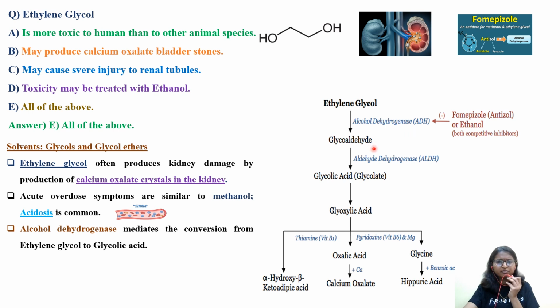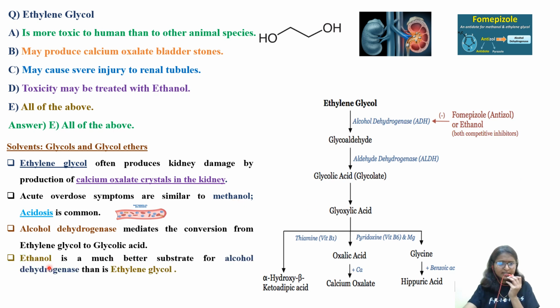Further, this aldehyde is metabolized by the enzyme aldehyde dehydrogenase to glycolic acid, also known as glycolate. This glycolic acid is further metabolized to glyoxylic acid and then to oxalic acid, which reacts with calcium to form calcium oxalate. This calcium oxalate forms crystals in the kidney and causes kidney toxicity.